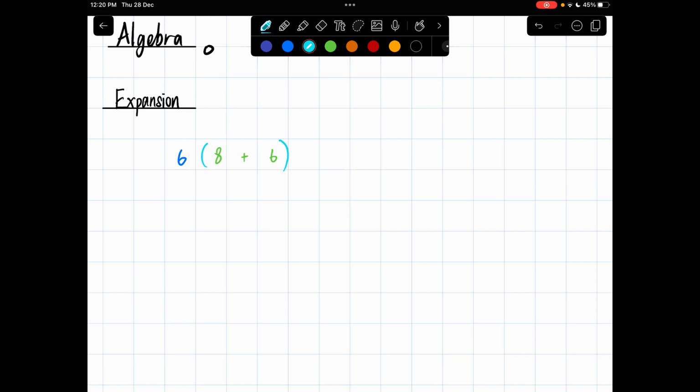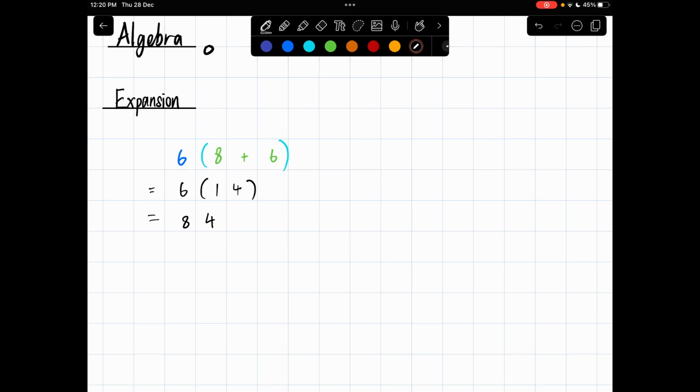If we were to do this normally, we would just write this equals to 6, add together inside, 8 plus 6, we get 14. Then we'll have 6 times 14, which if you multiply, you can use a calculator, you will get 84. That's how we are used to doing calculations.